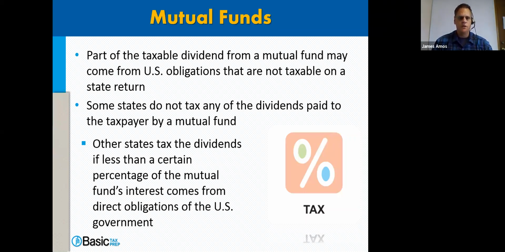Other states will tax dividends if they're less than a certain percentage of the mutual fund's total income. So all we're saying is, look, when you got a mutual fund, you might have some non-taxable stuff mixed in there. It won't matter, and so it's really difficult to determine how much is going to be taxed and how much is not.